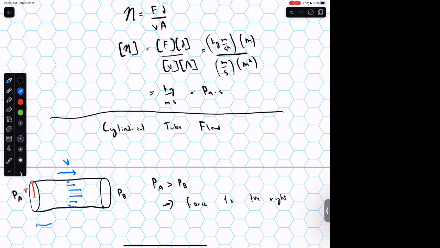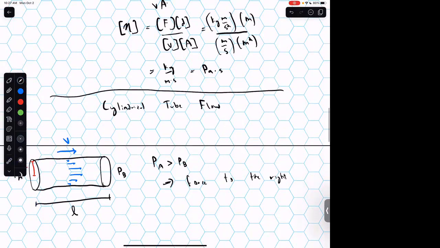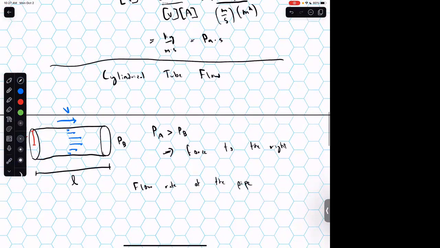Okay, so I'm going to write that my pipe has a length. I'm going to use curly L for this, just because your book likes to use the curly L. Okay, so if I have a pipe like this, I can calculate the flow rate. And I'm going to use the letter Q, which is what your book uses, I think, because they ran out of other letters.